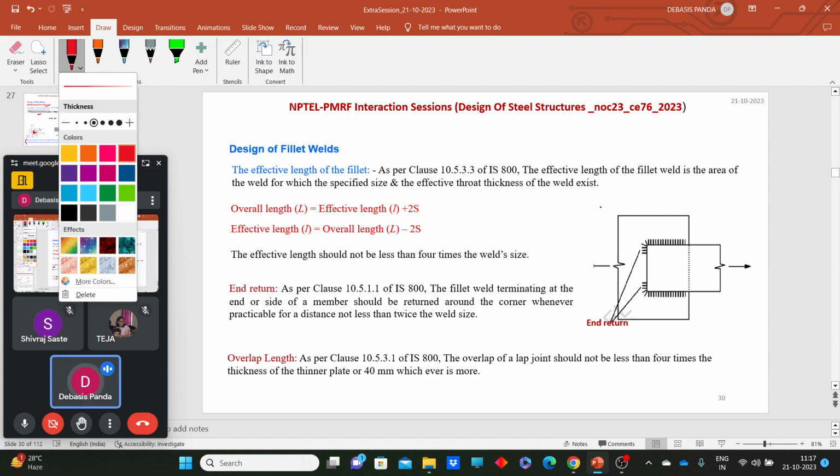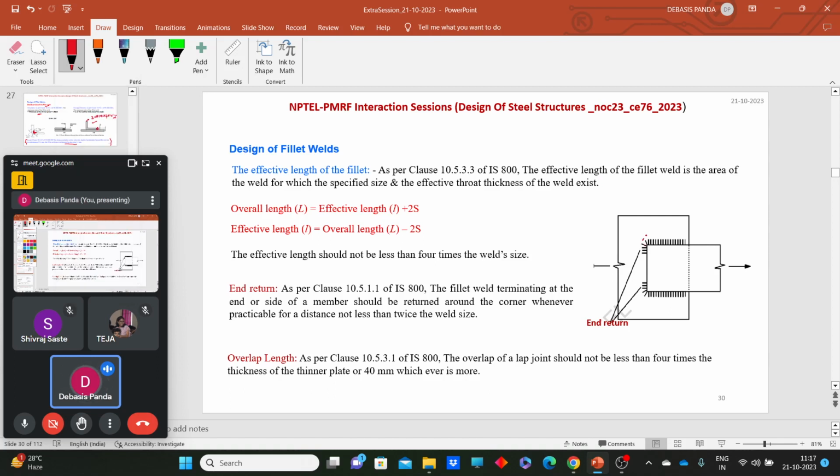So the effective length excludes the end return portion. Now, the overall length, for each termination, we need to provide an end return of 2s, 2 into the size of the weld.